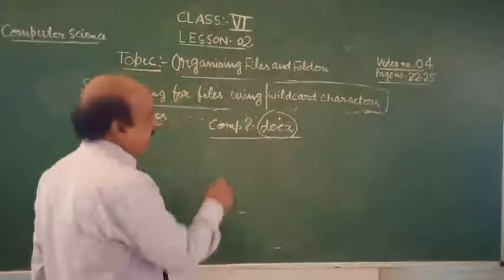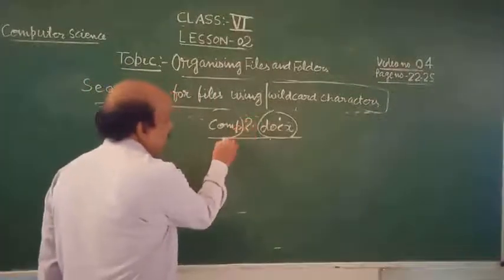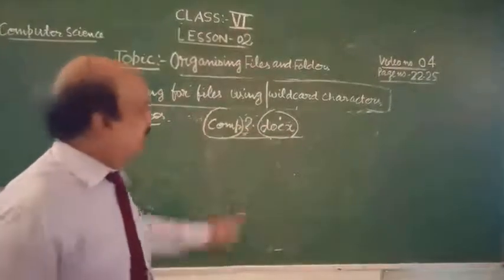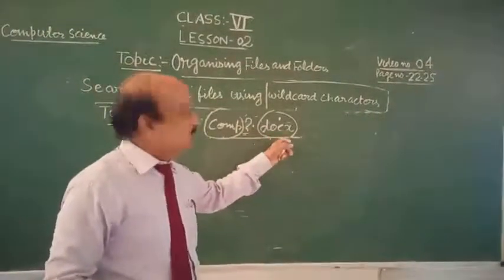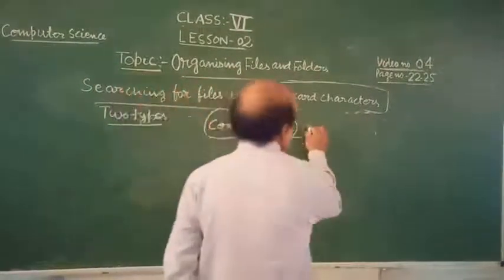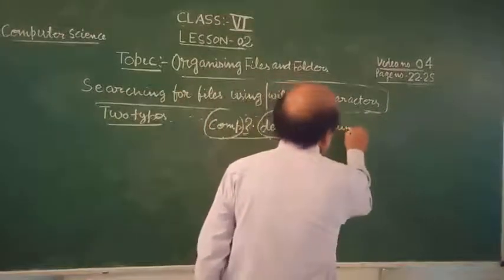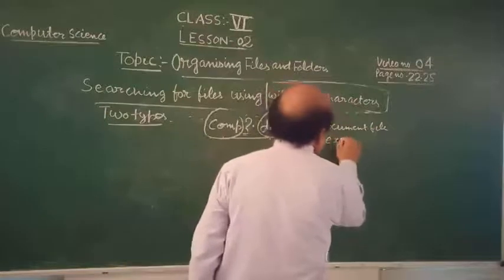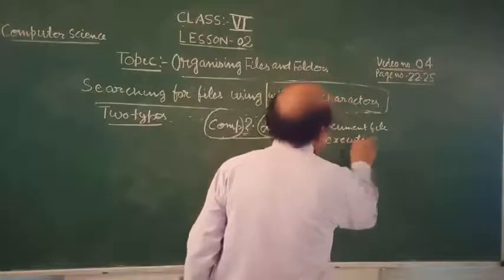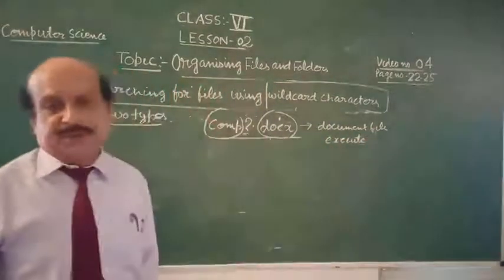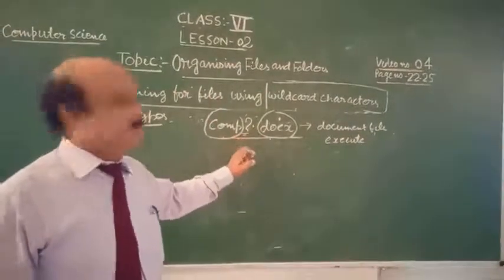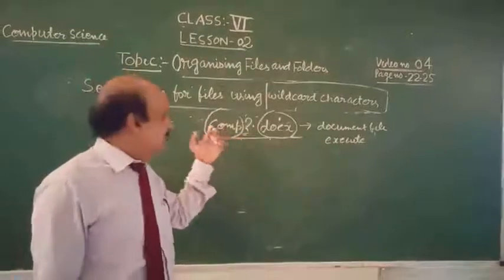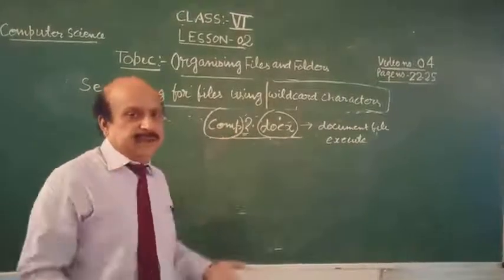So all the files which start with com and one more character, it may be any character, and the extension is .docx, then this document file will be displayed on the monitor. This is the example of the question mark sign. It means only one character you can replace.